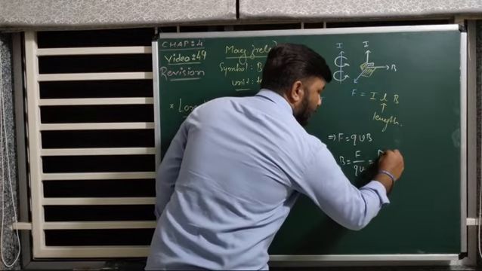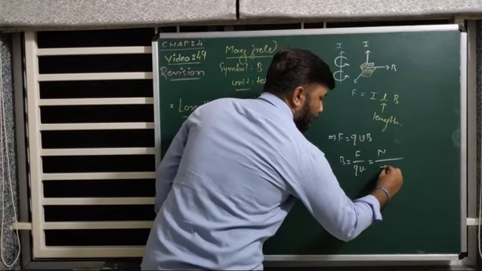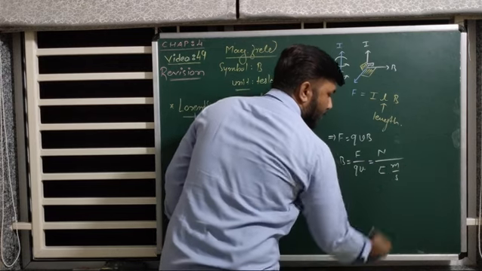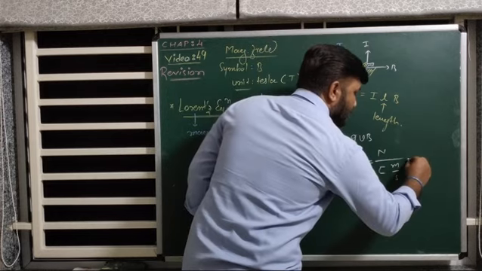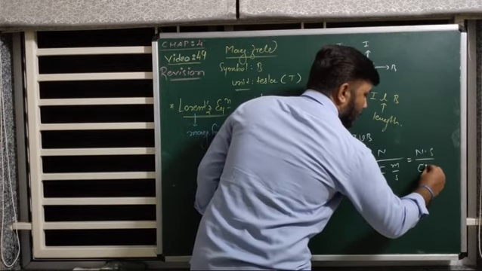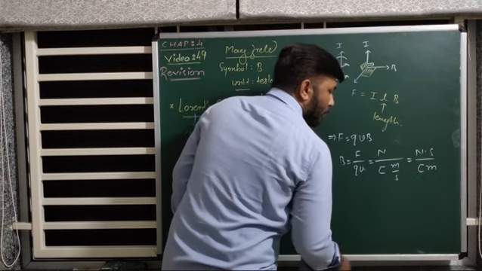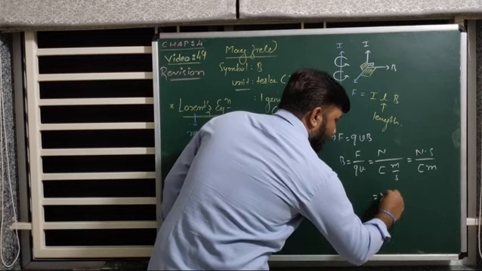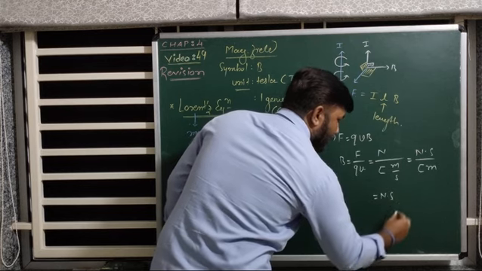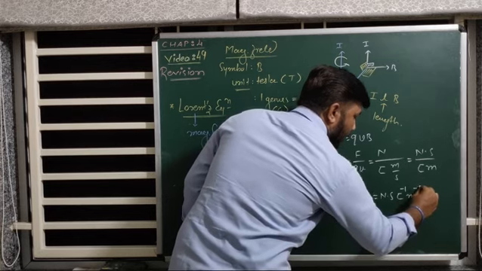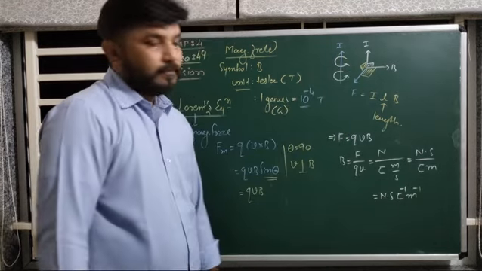F is Newton, Q is Coulomb, velocity is meter per second. Take second upside, so it is Newton, second, Coulomb, meter. Take Coulomb, meter upside, so you will have Newton, second, Coulomb inverse, meter inverse.